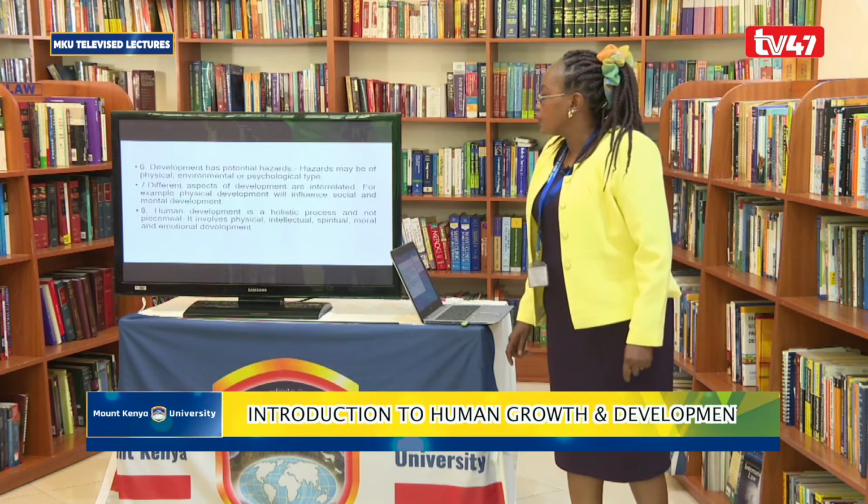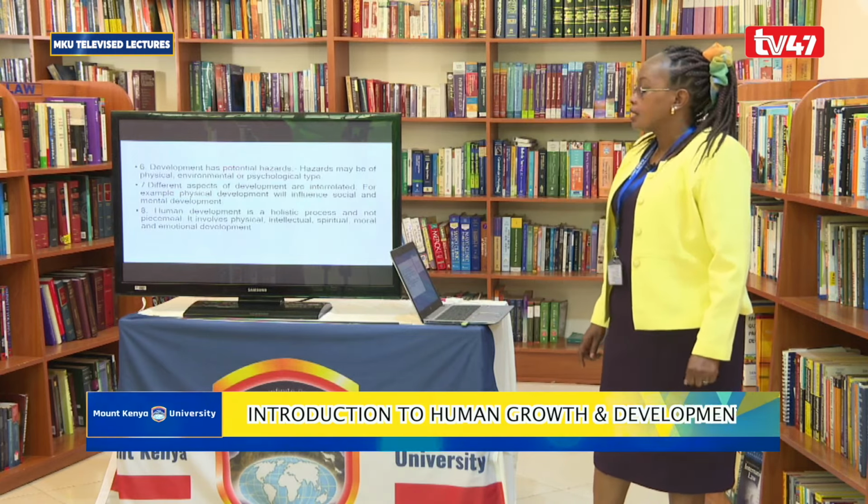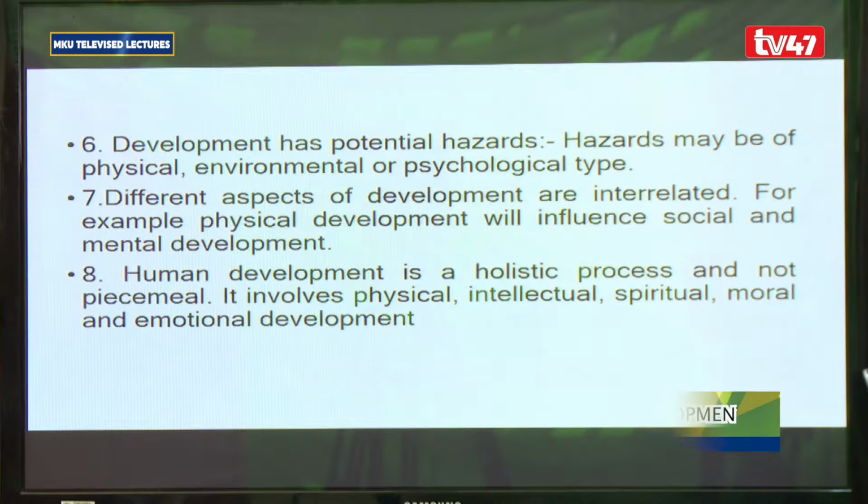Another one that I want us to be able to learn: development has what we call potential hazards. Hazards may be physical, environmental, psychological, which are available in the environment. So not everything supports development.